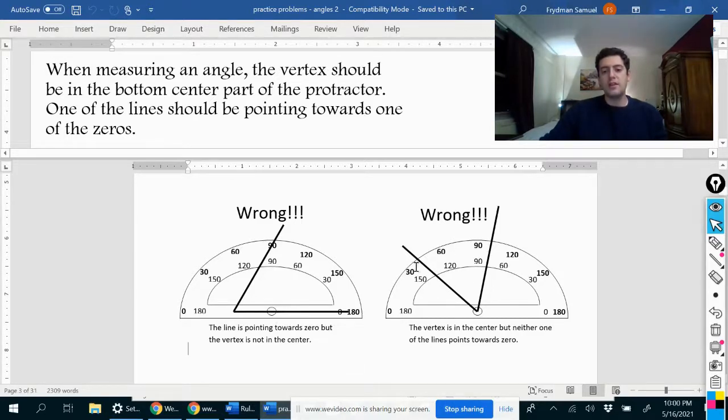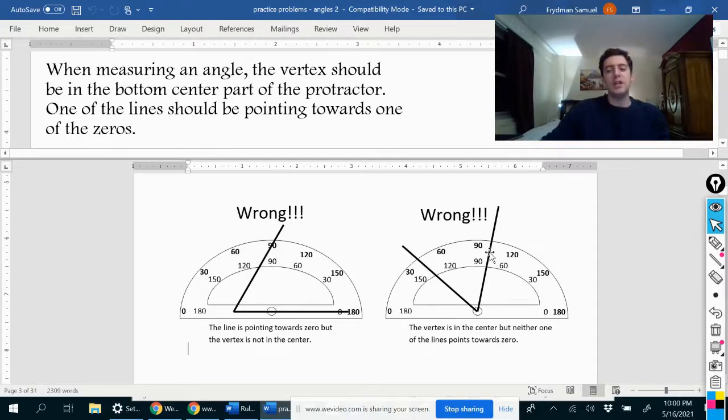Okay, so why is this one wrong? The vertex is in the center. You can see the vertex is in the center there, but neither one of the lines is pointing towards a zero. This line is not pointing towards one of these zeros, and this line is not pointing towards one of these zeros. Now, this one is salvageable.